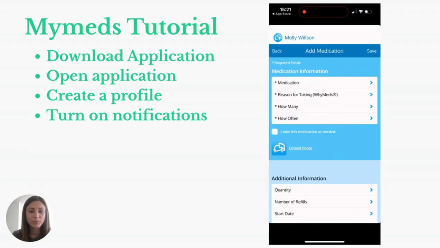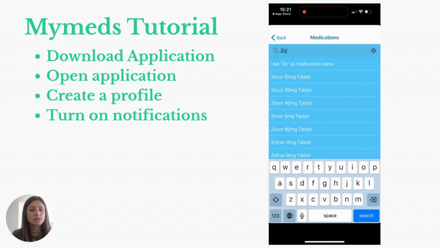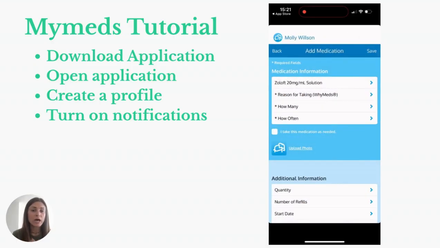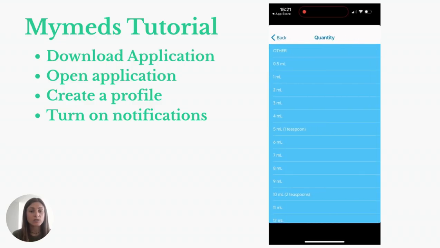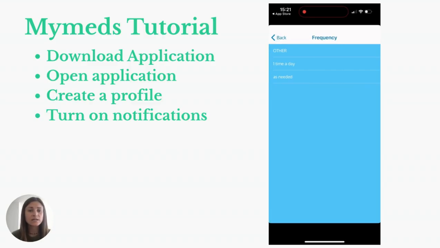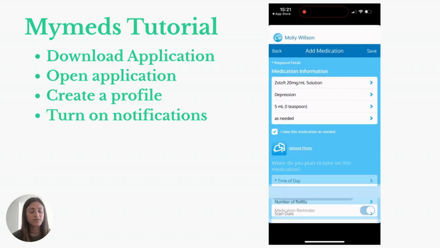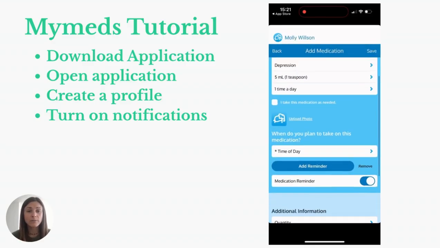And so when it brings you to this page, you can go to add medication. Same thing, you can type it in because it has the directory of all medications. Pull up the dosage of what you're taking and why you're taking it, the quantity, and how often. So you can fill in this information so it can help to keep up to date on what you're taking.